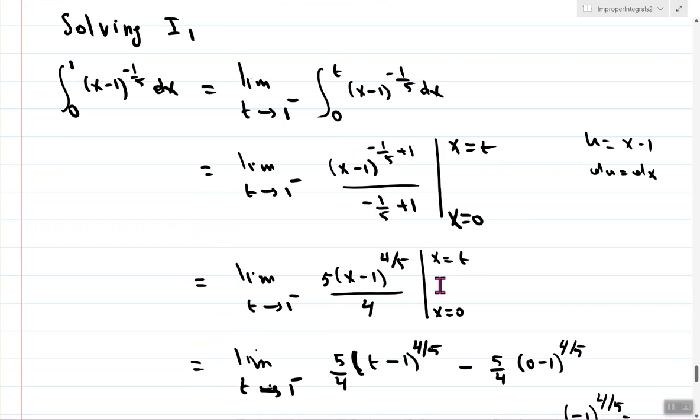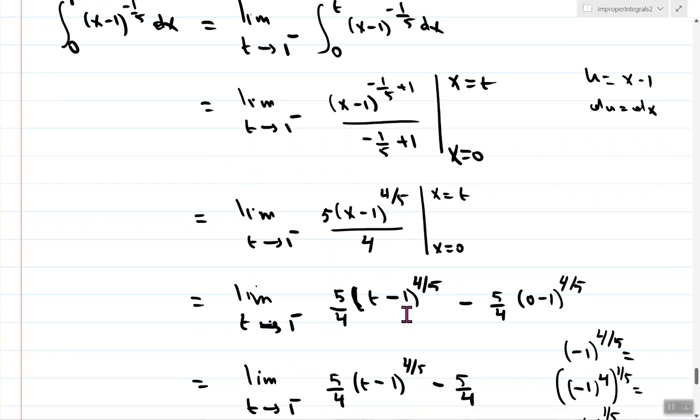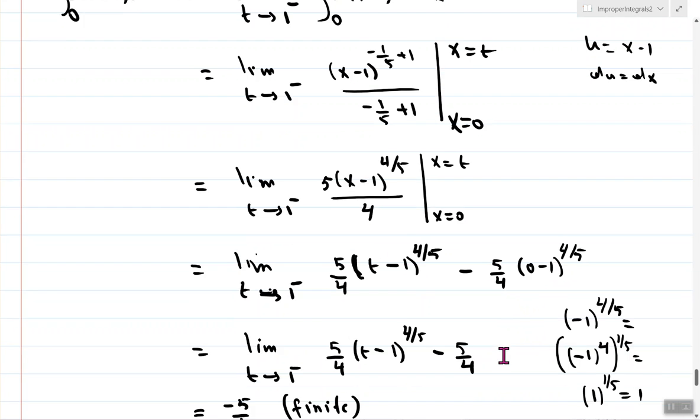First, for x equals t, we plug in t for x, we get t minus 1 raised to 4 over 5 divided by 4 over 5, which after dividing by a fraction is times 5 over 4. And then we plug in 0 for x, so we get negative 1 raised to 4/5, times 5 over 4.